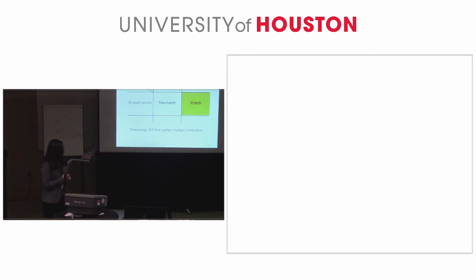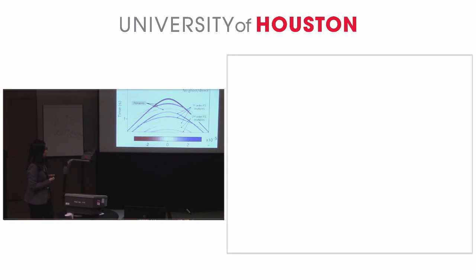Okay, let's move to the 3D point source processing, which means we incorporate a 3D point source in our free surface multiple elimination algorithm. Then we process the 3D point source data. The two source dimensions are matched to each other. So again, this figure shows you the 3D point source data we use as the input.